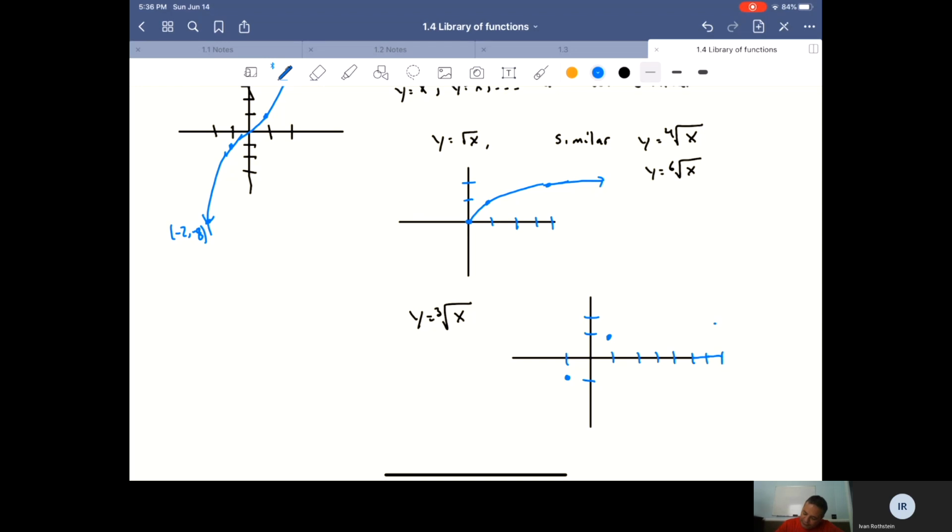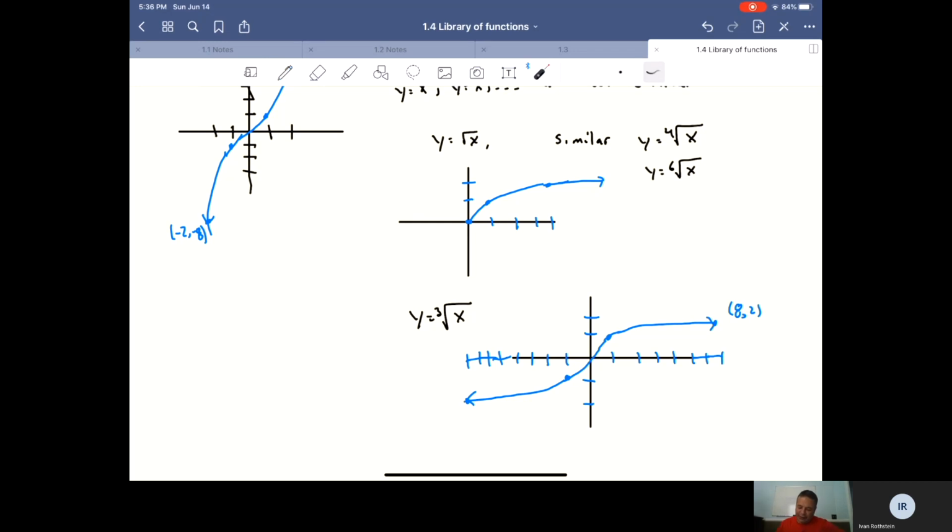The next points that we can know exactly are 8, 2, and negative 8, negative 2. Okay, so the cube root looks something like so.